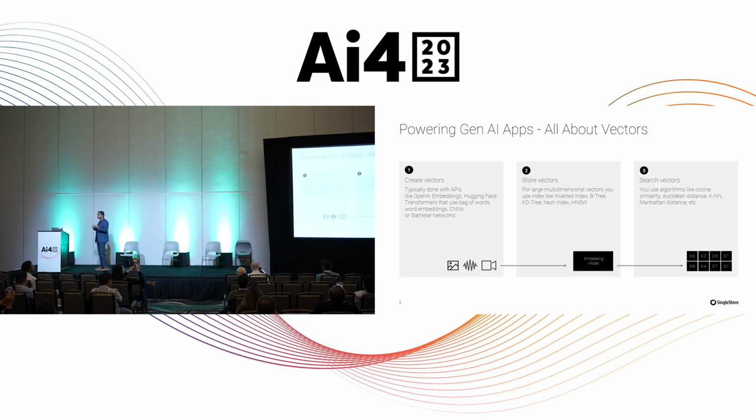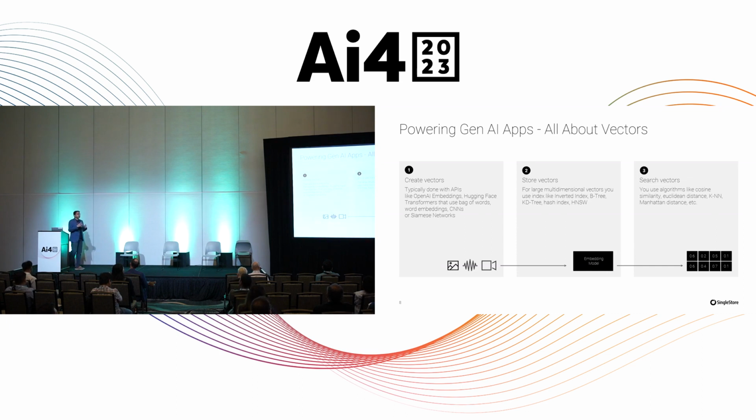So when you talk about creating vectors, you can use any of the APIs out there, including OpenAI embeddings or Hugging Face transformers, to create these vector embeddings. But once you create those embeddings, you've got to store them somewhere. That's where a database comes into the picture, right? And you can use different indexes within the database to store these vectors.